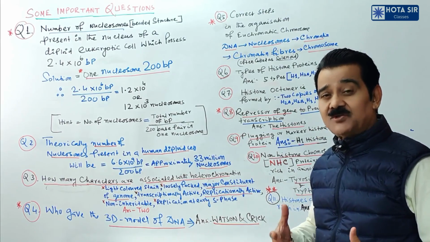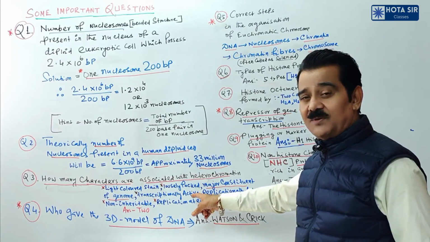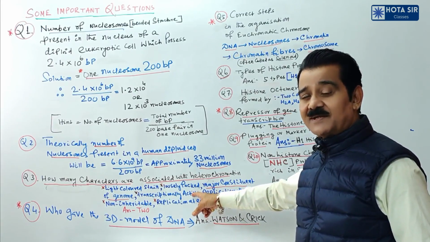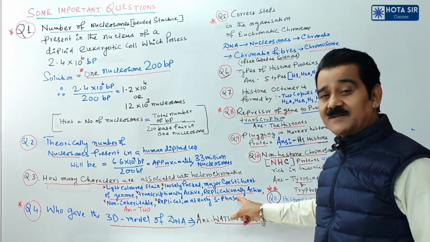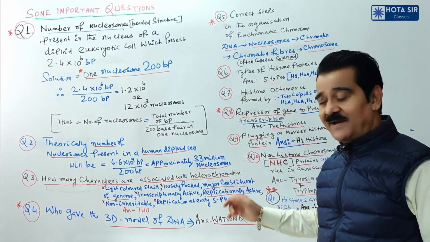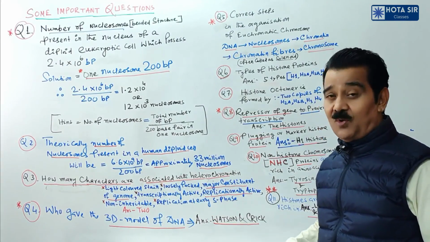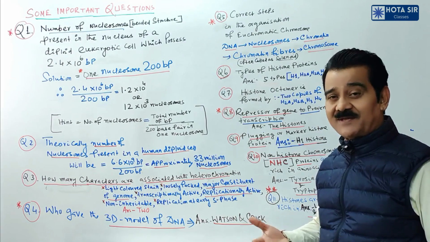This is right. Now transcriptionally active. No, heterochromatin is transcriptionally inactive, so it is wrong. Now replication: replicationally it is active. Both euchromatin and heterochromatin show replication, so it is right. Now non-inheritable. No, heterochromatin is inheritable from one generation to the next.